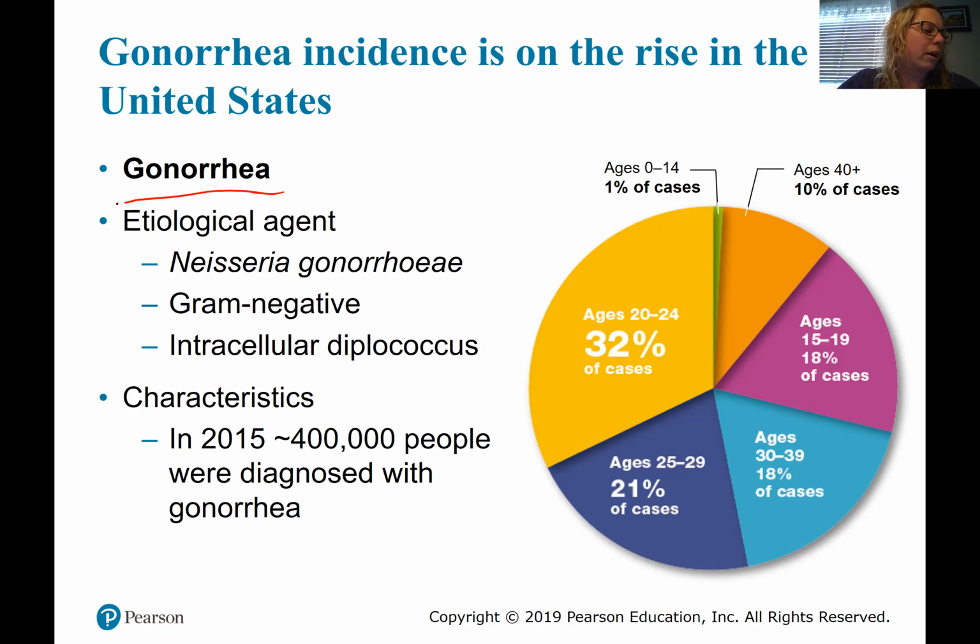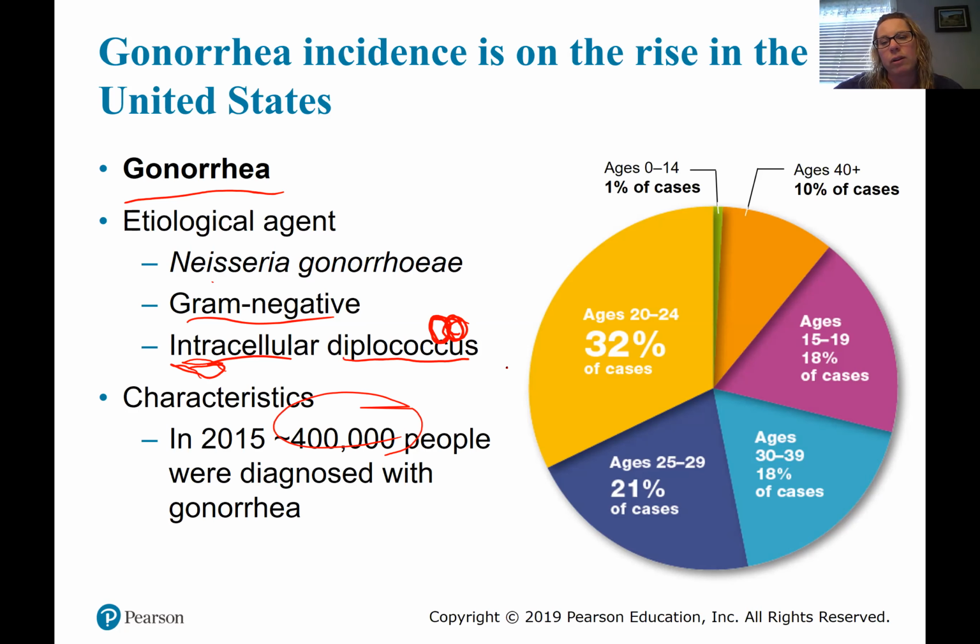Okay, so gonorrhea is caused by another gram-negative called Neisseria gonorrhoeae. It is an intracellular diplococcus. So they are spheres that come in pairs and they live inside of the host cells. About 400,000 people in the US diagnosed with gonorrhea.